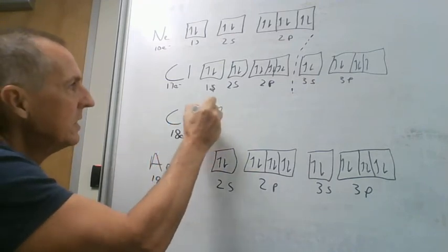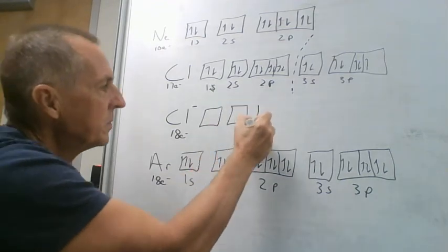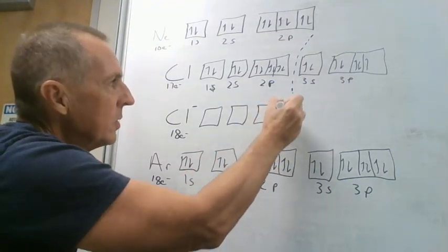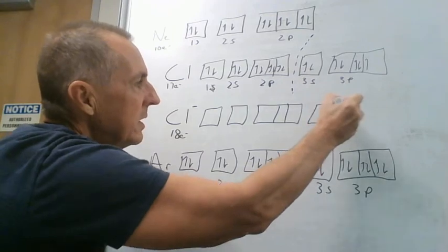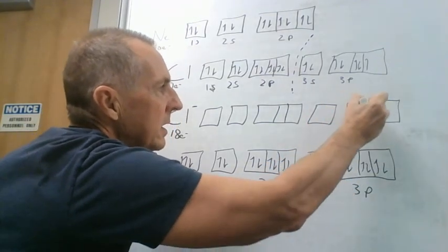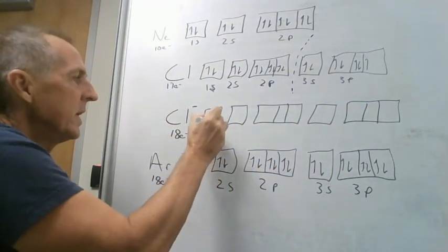If it gains an electron, now it has 18 electrons that we have to fill out. So we need the same orbitals we had before. But now we have 18 electrons.